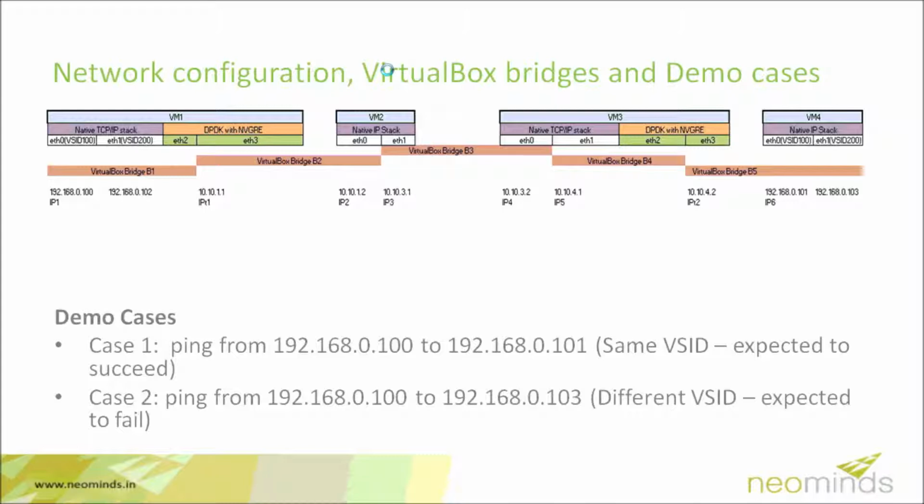VM4 again does not have DPDK stack, so interfaces ETH0 and ETH1 are bound to the native IP stack. There are 5 bridges in the VirtualBox that create the network of virtual machines that we saw in the previous slide.